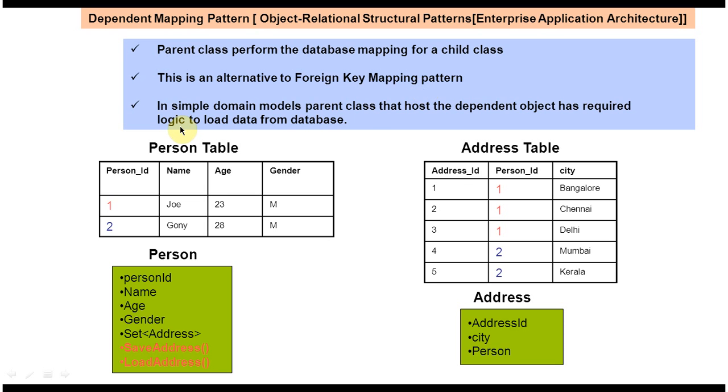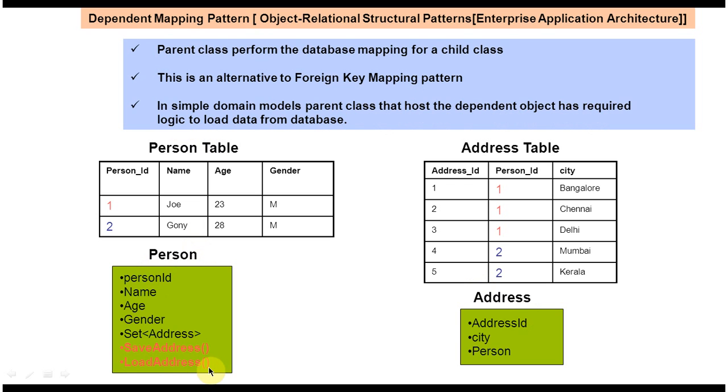Okay, and the third point is, in simple domain models, the parent class that hosts the dependent object. In this case, the parent class is person and it hosts the dependent object, which is address. So this parent class, which is hosting the dependent object, has required logic to load data from the database. You can see this person has load address.